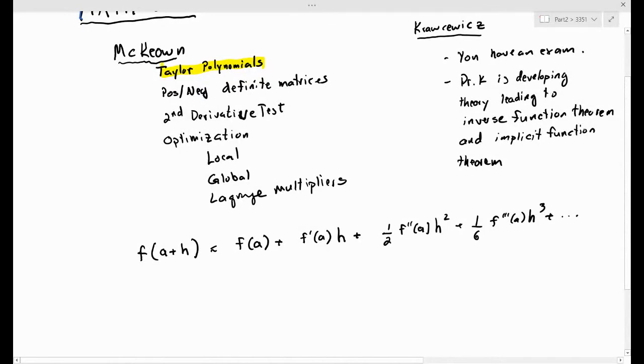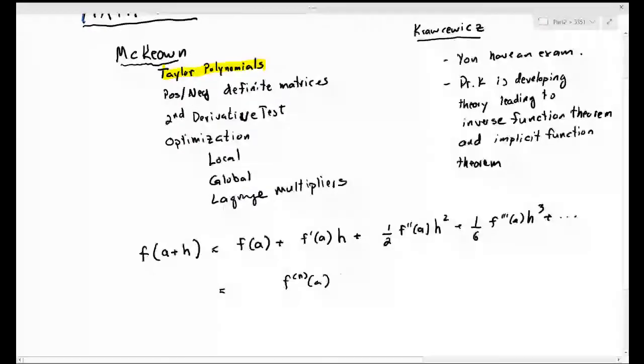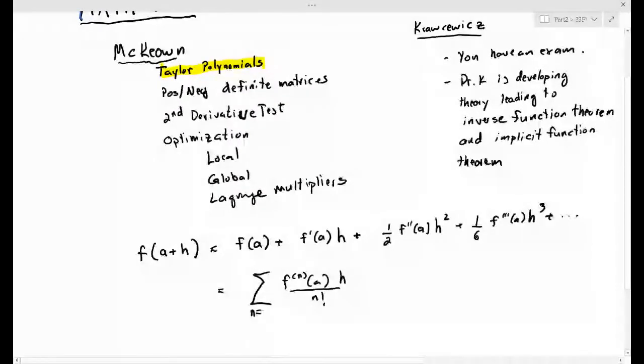The general formula was the nth derivative of the function evaluated at a times h to the n, divided by n factorial, and you sum as n goes from 0 to infinity.